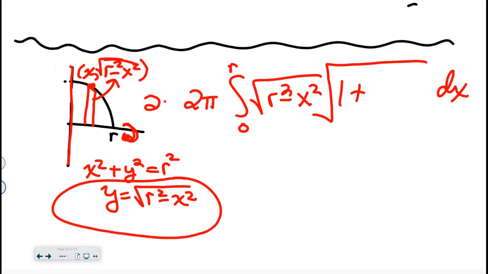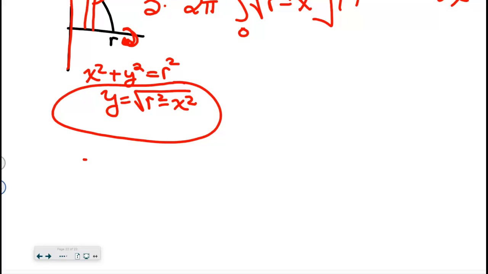What rule are you going to use? Chain rule. Your derivative should have been, if you're done with it and you cleaned it, a negative x over the square root of r squared minus x squared. Is that correct? Was that your derivative? Did I do it wrong?